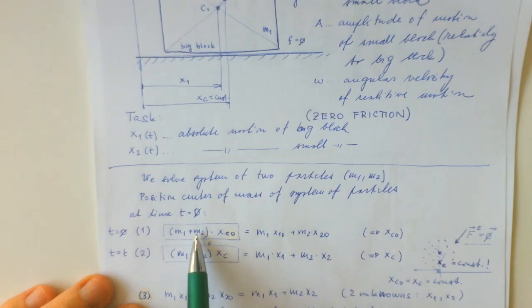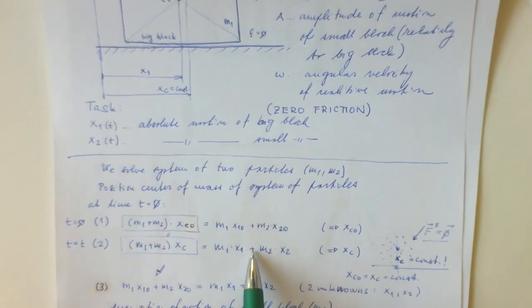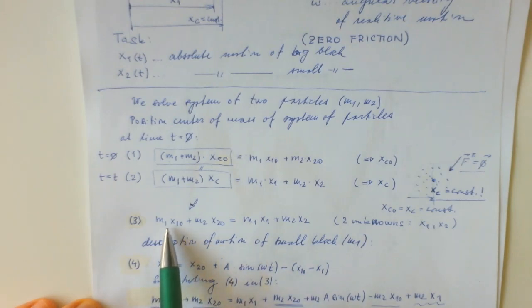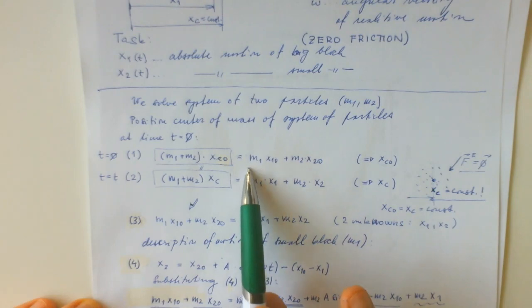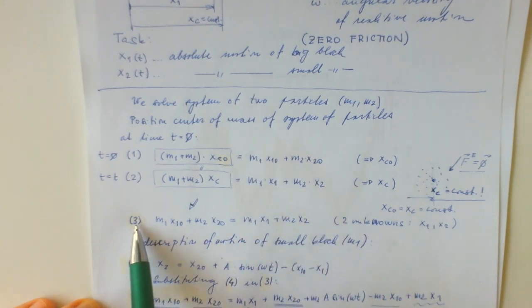If we have two equations, 1 and 2, and the left sides are equal to each other, then the right sides of the equations must be equal too. So from this we can deduce a new equation, so this is equal to this, and I create new equation number 3.